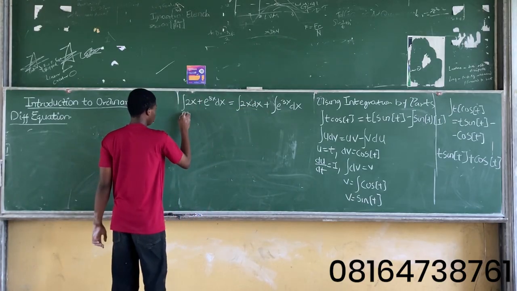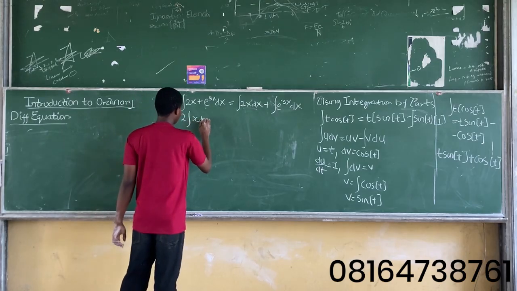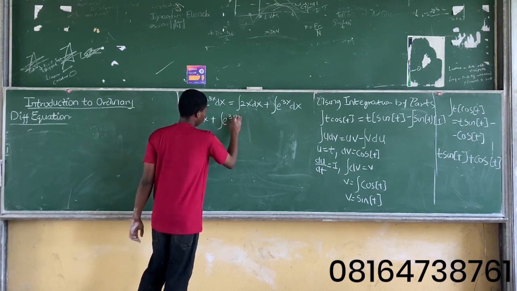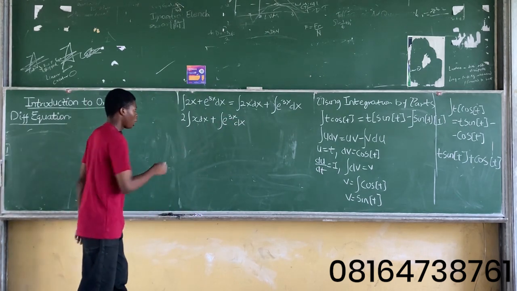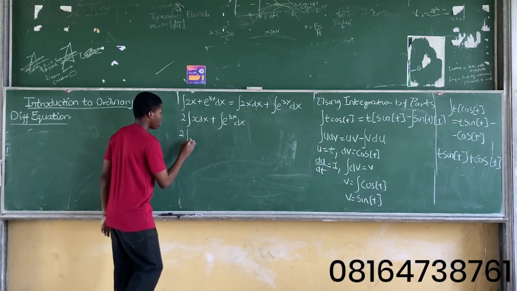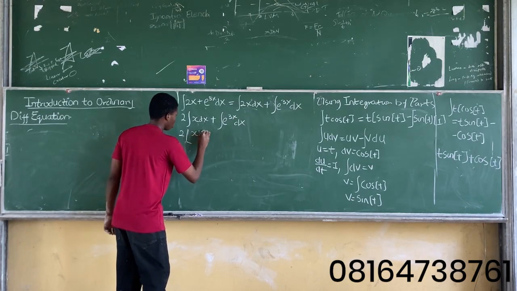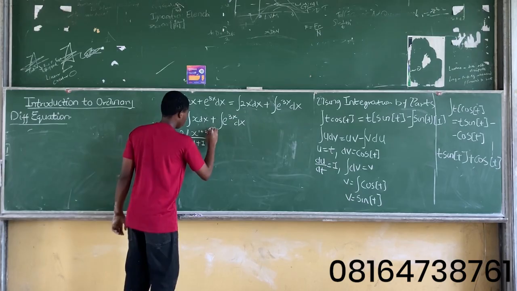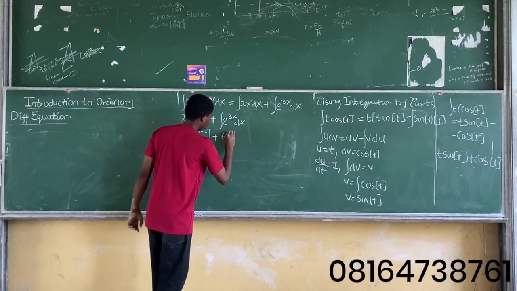So this is 2 times the integral of x dx plus the integral of e^3x dx. We took the 2 out, so this is 2 times x to the power 1 plus 1, plus e^3x.